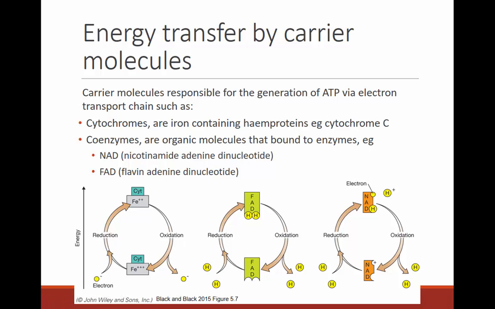Now we come to the fun part, so don't get too worried about this. This is just showing you how electrons actually move through the system to allow that production of energy. For that to occur, you need carrier molecules.